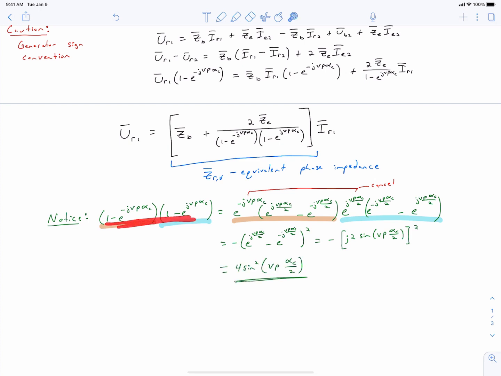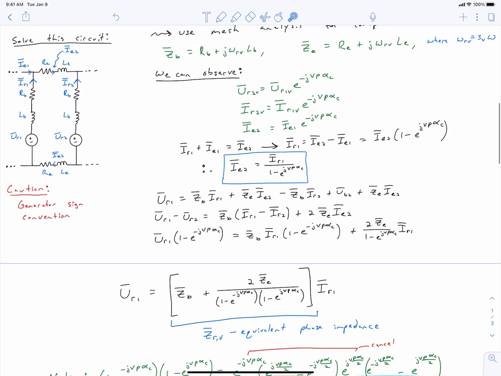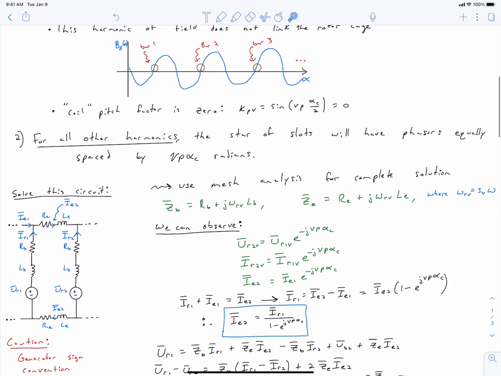And so by working on this expression, the denominator of our impedance, we're able to get it into a sine equation, which is a much more convenient form. And if you'll notice, this equation right here, sine squared VP alpha c by 2, that is simply the square of our pitch factor that we had up here, which tells you something interesting right away.